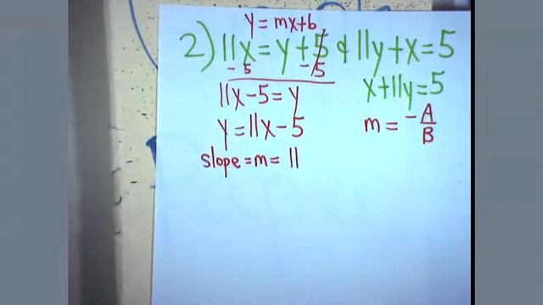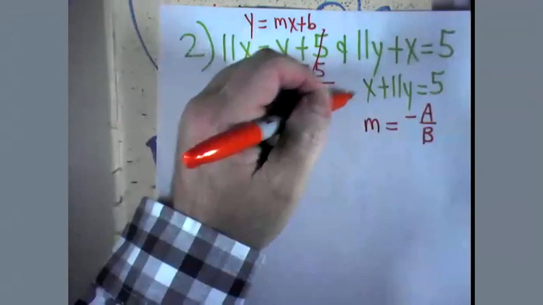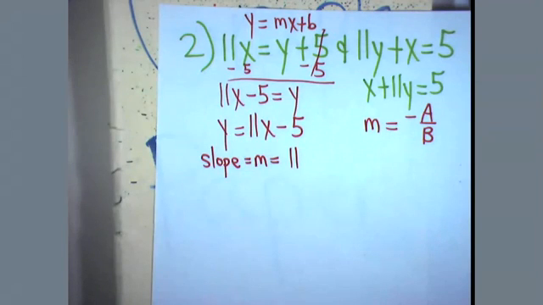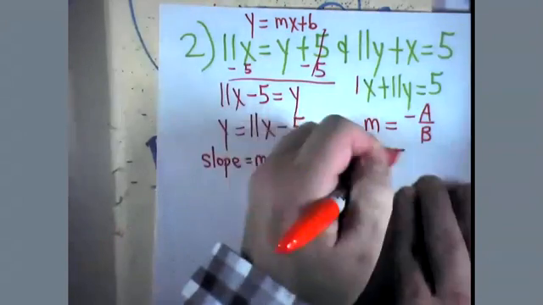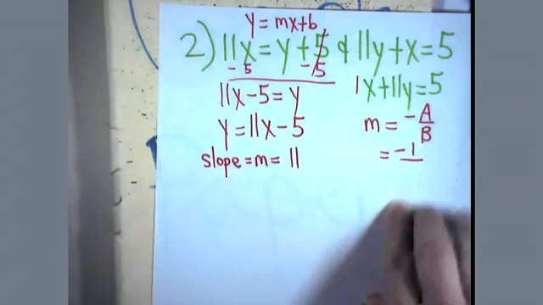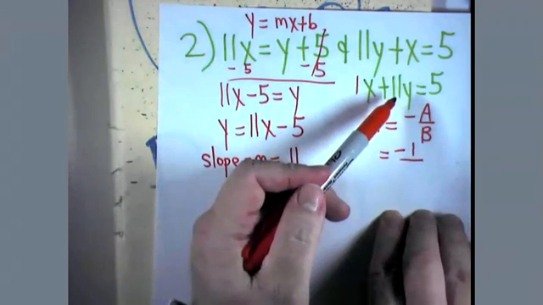And Macon, since I'm here, what do y'all think A is? -1. Very good. Yeah, there's no number in front of the x, but it's assumed to be a 1. So yeah, your A is -1, and your B is 11.